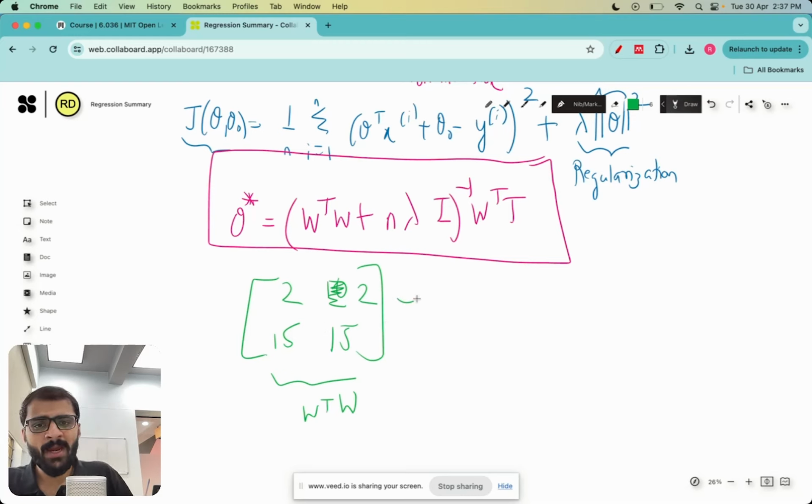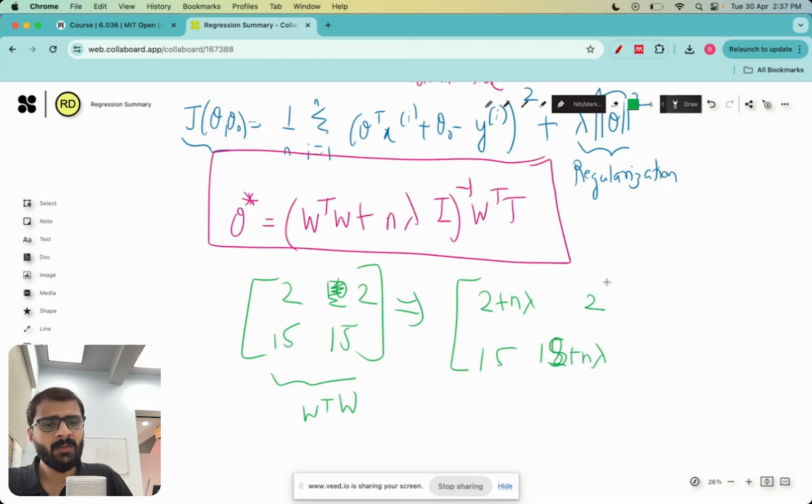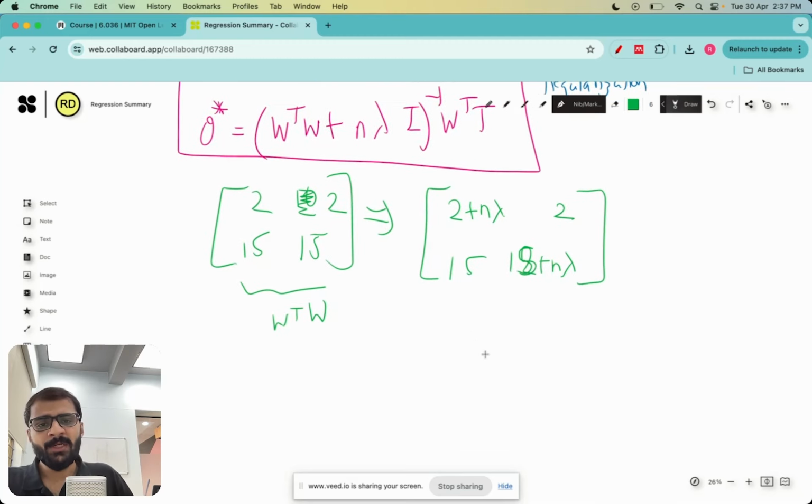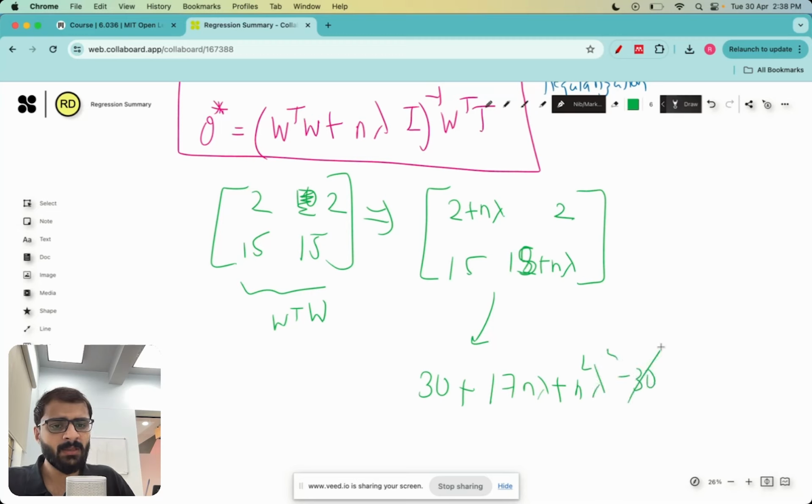But now if you add this N lambda I, the matrix becomes 2 plus N lambda, 15, 15, and 2 plus N lambda. If you take the determinant of this, it's actually 4 plus 4 N lambda plus N squared lambda squared minus 225, so in the determinant this N lambda term will survive.